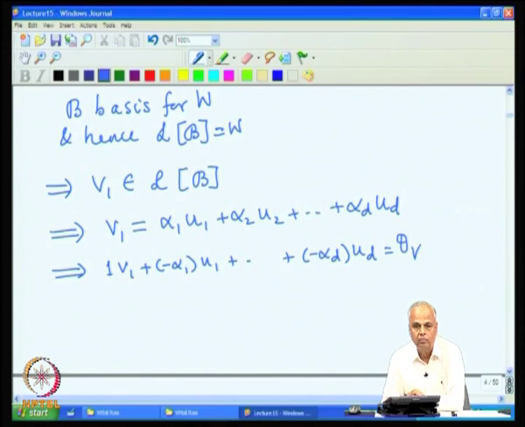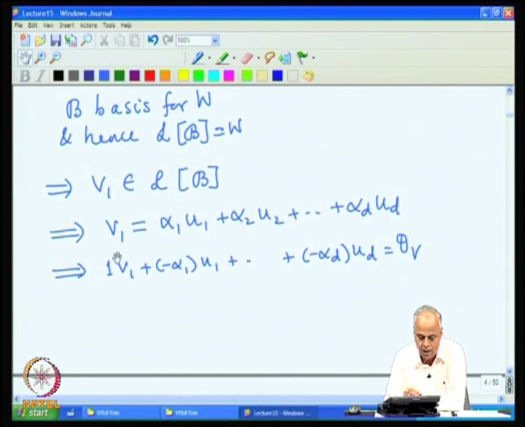And therefore, we have here a linear combination of the v1 vector and the u1, u2, ..., ud vectors giving rise to the 0 vector. At the same time, at least one of the coefficients in the linear combination is non-zero.